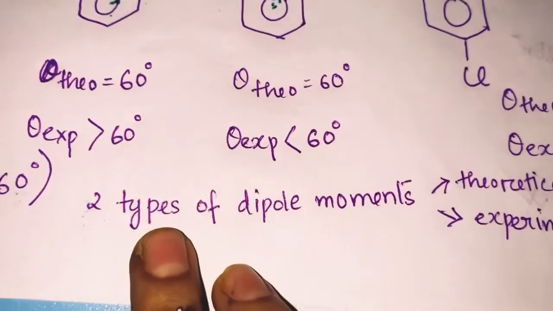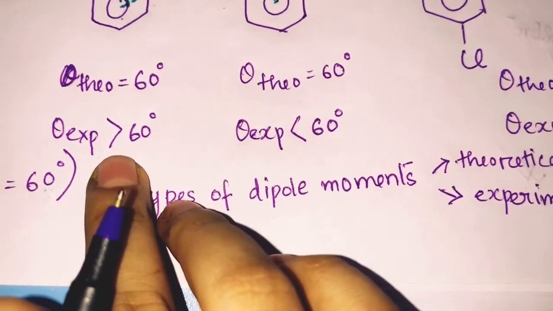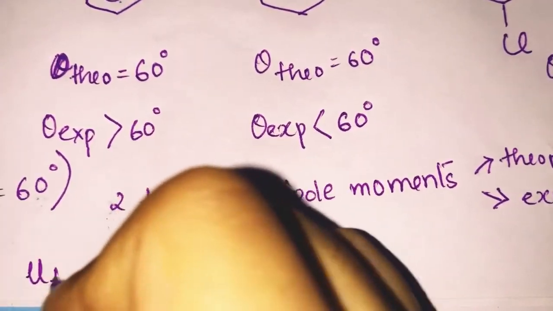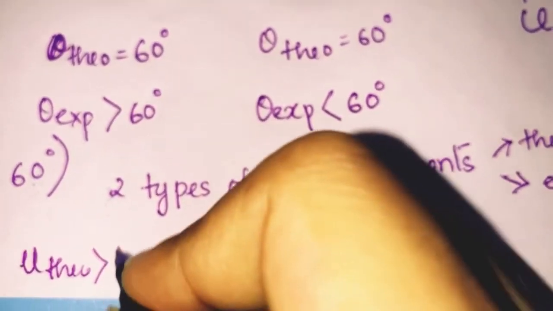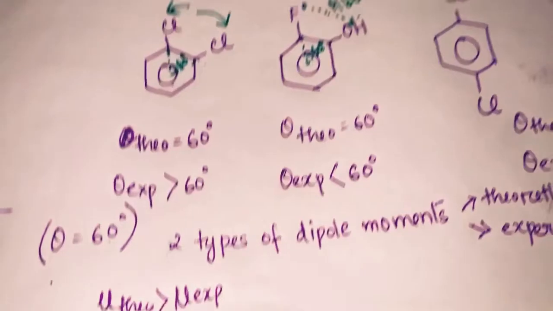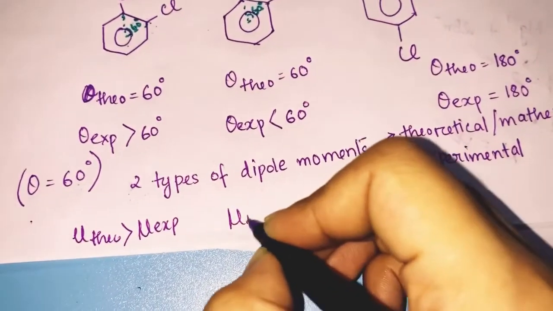So here, since theta experimental is more than 60 degree, therefore mu theoretical will be more than mu experimental in the first case, because mu is inversely proportional to theta. Here it will be just the opposite.